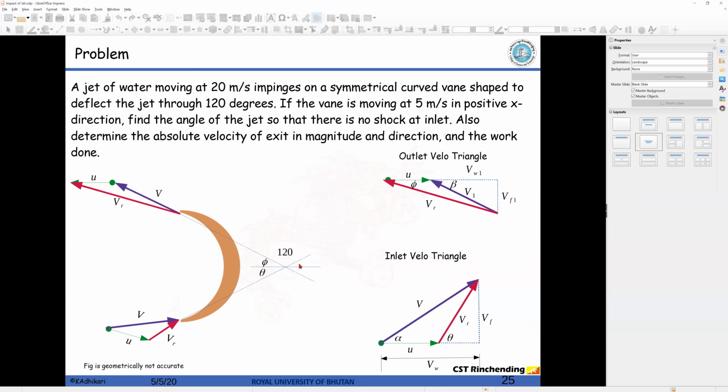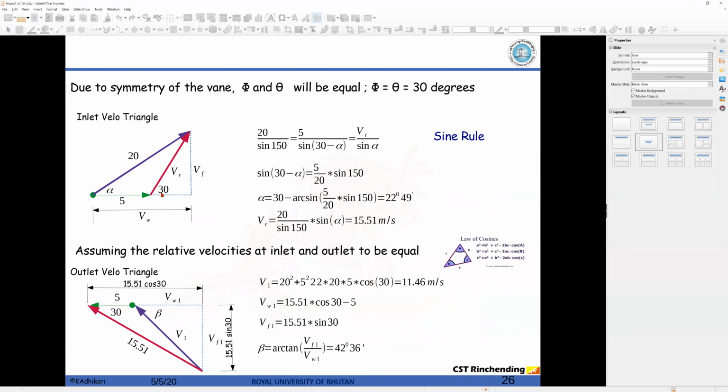Theta plus 120 plus phi would give us 180. So from that relationship we can calculate that theta and phi are 30 degrees.